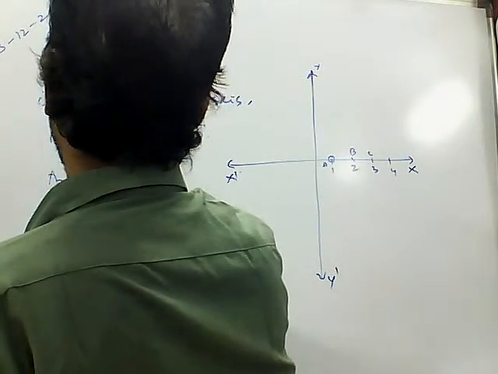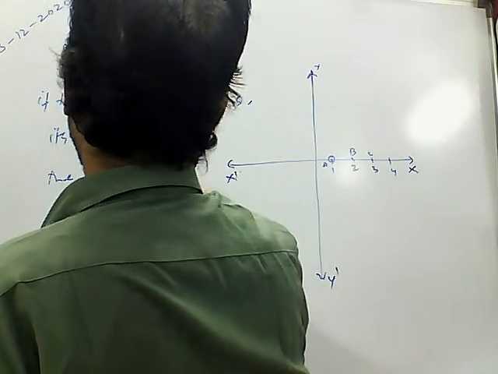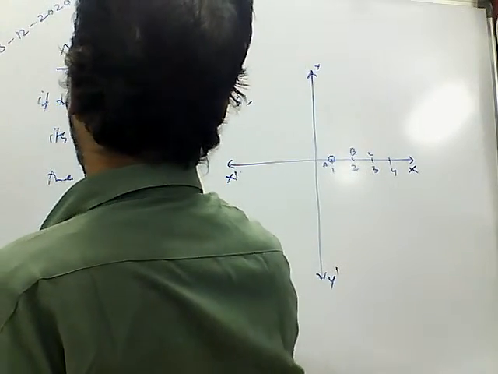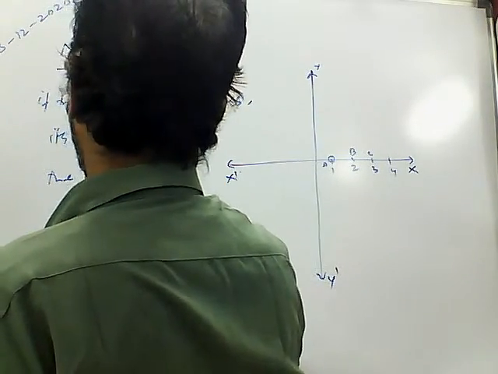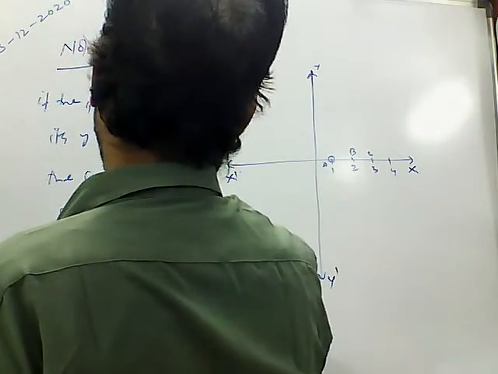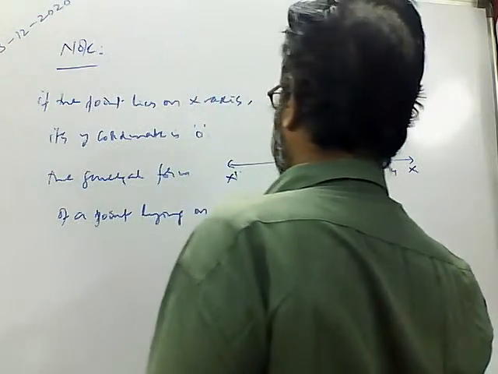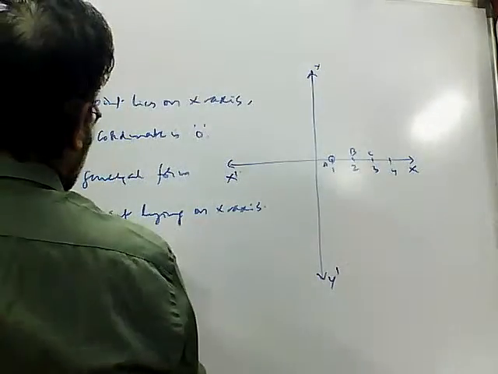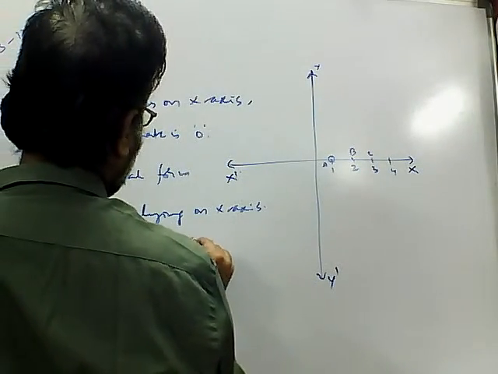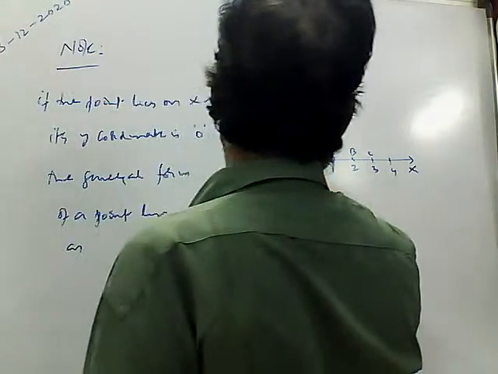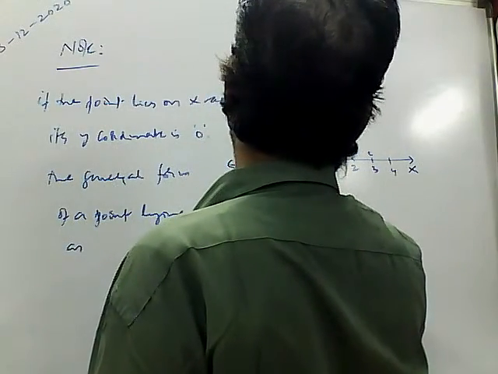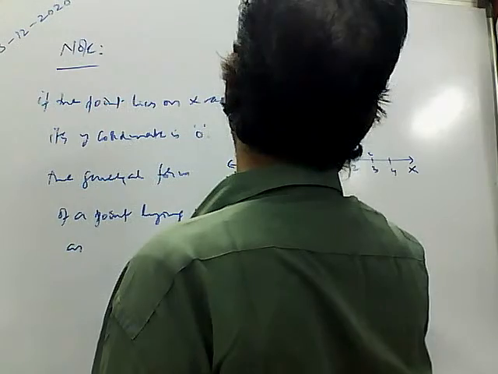Therefore, the general form of a point lying on the x-axis is x comma 0. And here it will be, suppose, -1, -2, -3, -4.